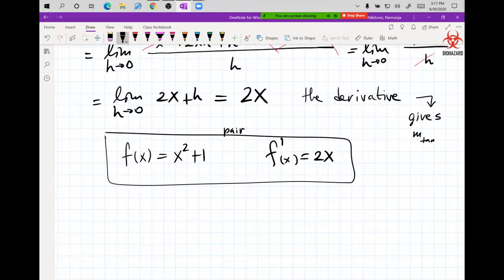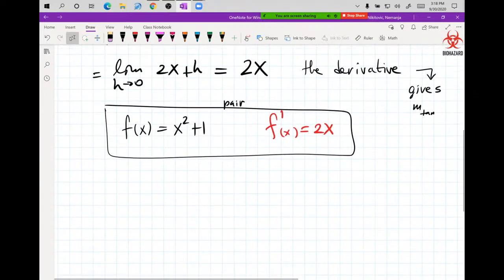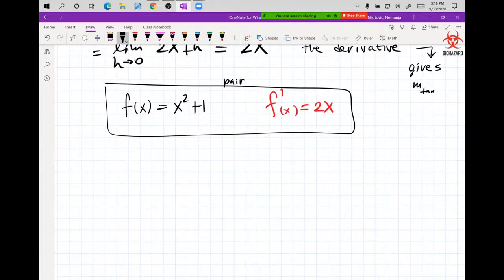And if you look at this carefully, you see that they're both functions. I can graph these two on the same coordinate system. Now I'm going to change this one into red. Okay, good. And now let's graph them to see that they both fit.